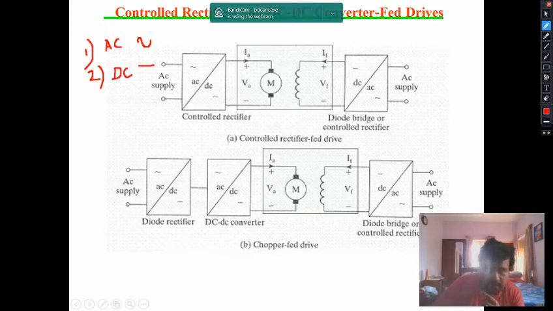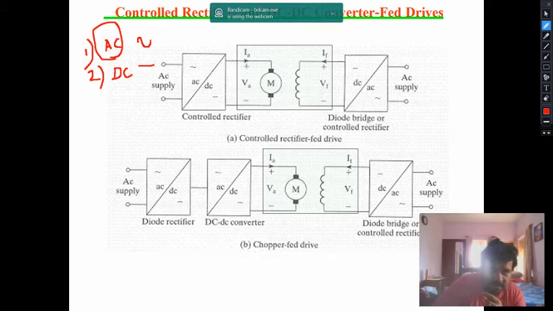These are the two types of supply available to us, and commercially we will mostly be dealing with AC systems rather than DC systems.